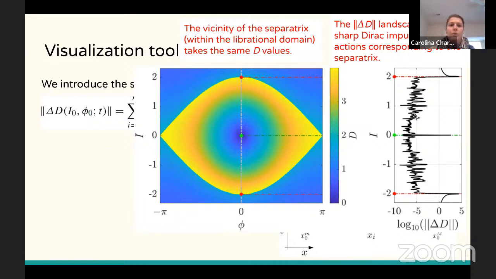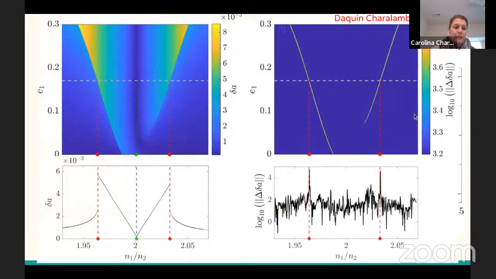So what we did was once again apply it to the planetary case, in the application of the two-body problem. Here you see the delta semi-major axis, and here you see the second derivative of the delta semi-major axis. Somehow they are complementary: here we can tell that we have the separatrix, but here we can see it sharply.